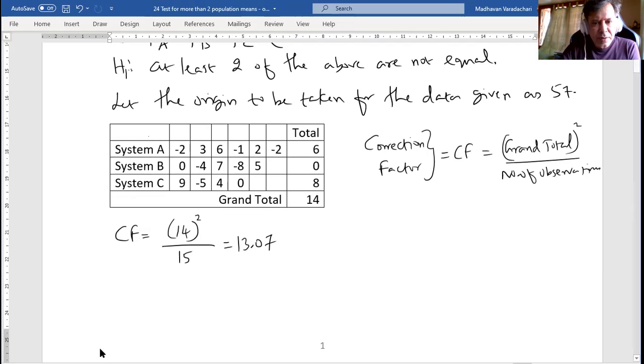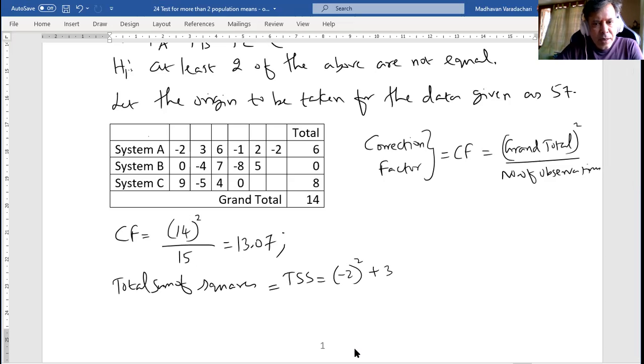The next step is to find out total sum of squares, shortly TSS. It is nothing but individual observation squares, means minus 2 the square, plus 3 square, plus 6 square, plus and so on.